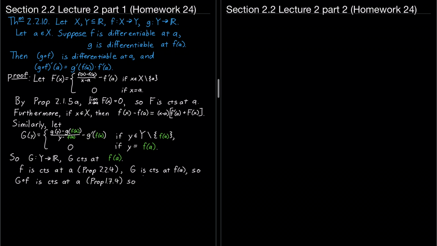So let's write the limit as x approaches a of big G of f of x is big G of f of a, because big G composed with f is continuous, is 0. And that is by corollary 2.1.3, that if you're continuous, then your limit is equal to your value.